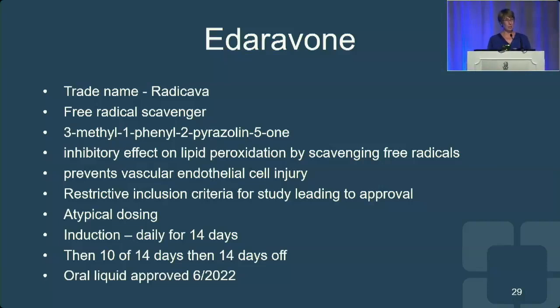So they were kind of cherry picking, in my opinion, the patients that were going into this study. And it did show a benefit in patients who were on versus off the medication. That's not been duplicated in a broader patient population. So it's difficult to know for the patient who's in front of you what the benefit might be for this medication.